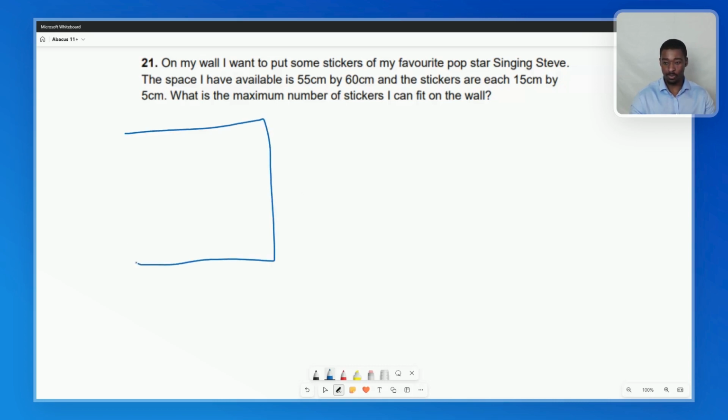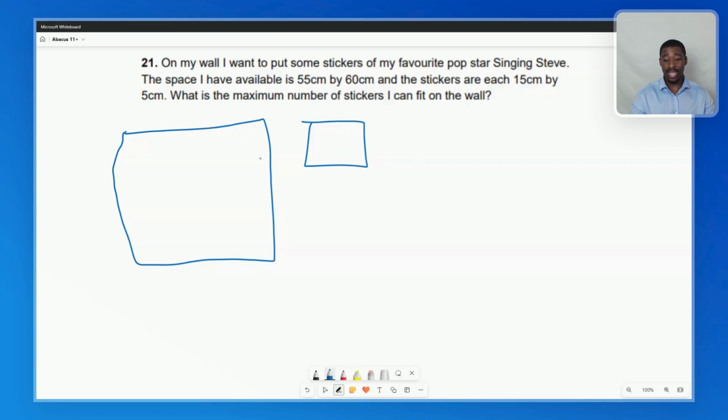This is the total space we have available. And each of these stickers of the favorite pop star, Singing Steve, are 15 centimeters by 5 centimeters. So we have smaller stickers that we're trying to put onto the wall. How many of these stickers can we fit?